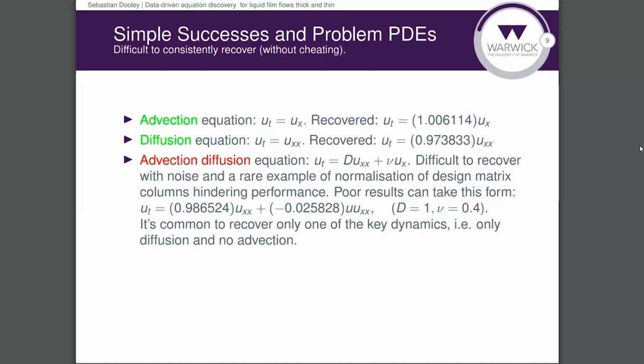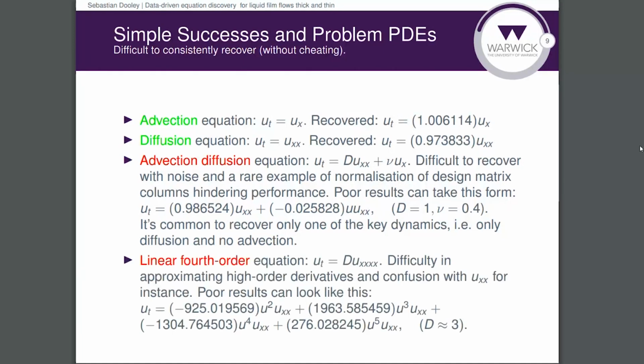But this was a rare example where normalizing actually hindered performance a lot of the time. Quite often you'd only get the diffusive dynamics or the advective dynamics, depending on your value of diffusion coefficient and advection coefficient. So it is a really good test bed for making sure that whatever you're trying to apply can actually pick out two sets of dynamics that are quite different to one another.